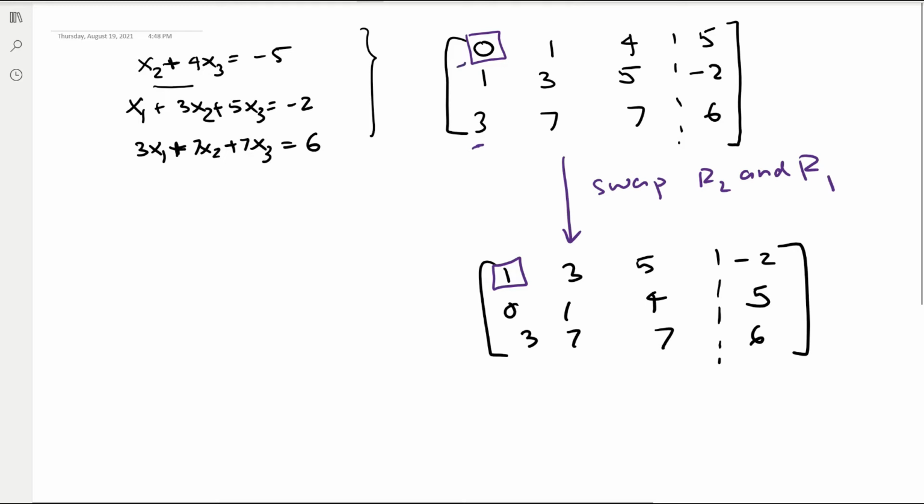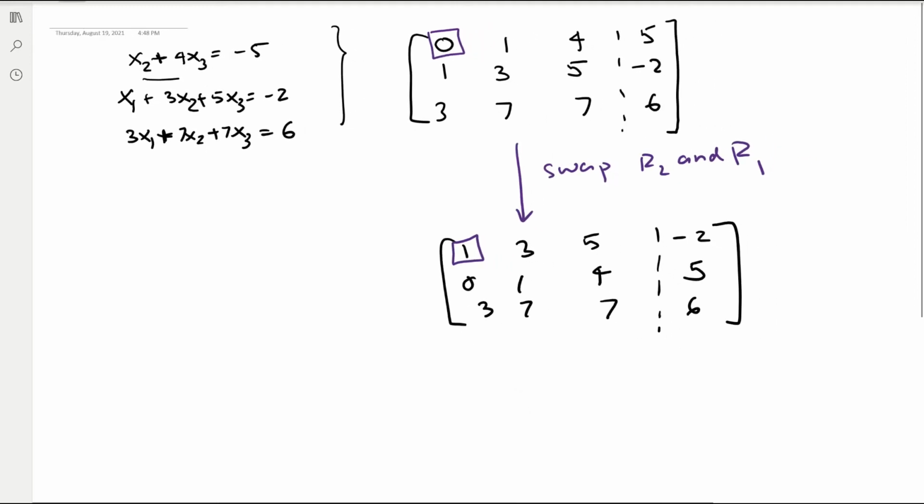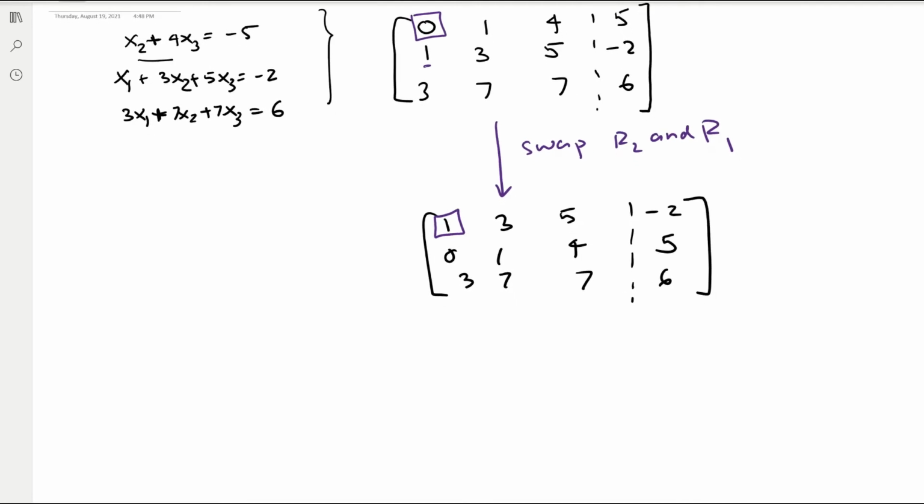As I said in a previous video, different people can come up with different ways of doing the row operations. As long as the row operation is correct, you will be fine. Here it's easy to swap row 2 and row 1, because in row 2 I have 1. It's easier to work with 1 instead of another number. It's nice to have 1 as a leading entry.